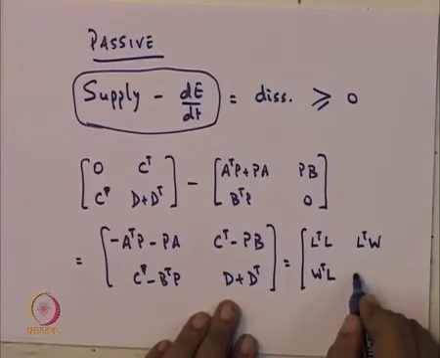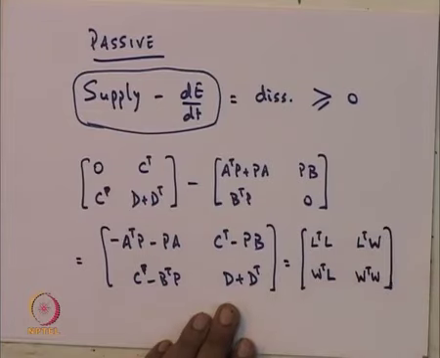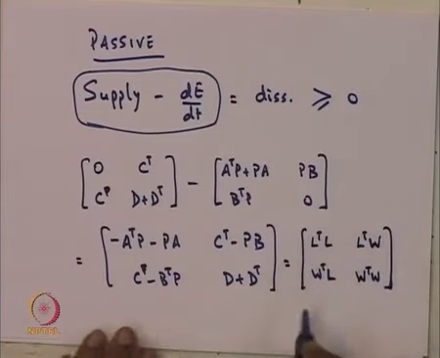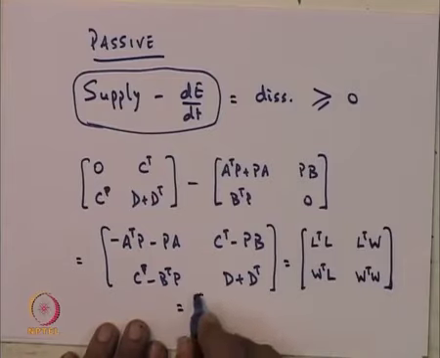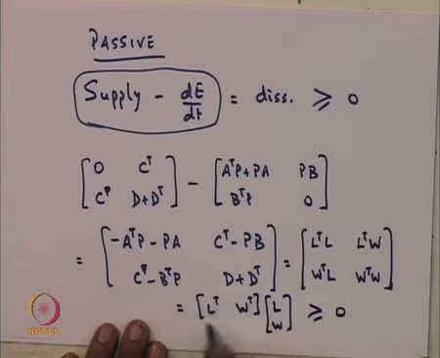So this I could write as W transpose W. But what this matrix is, is nothing but L transpose W transpose multiplying L W, and this is certainly greater than or equal to 0, because this is essentially like squaring a matrix.